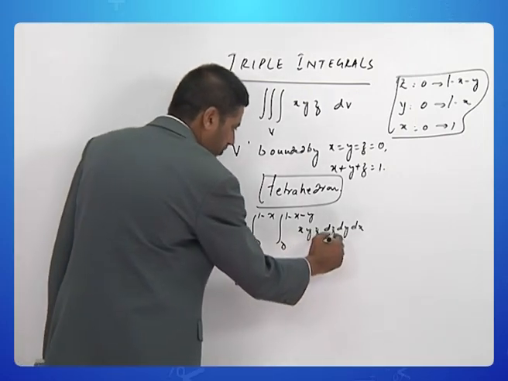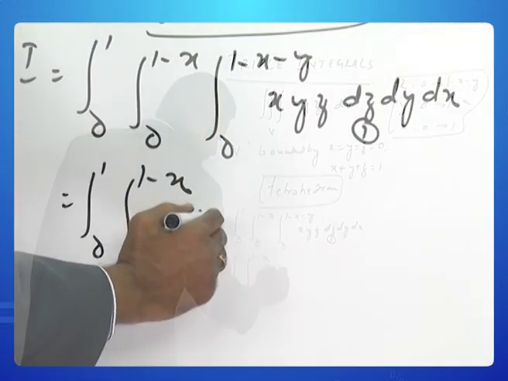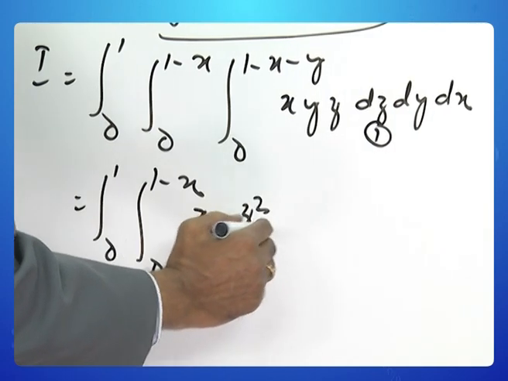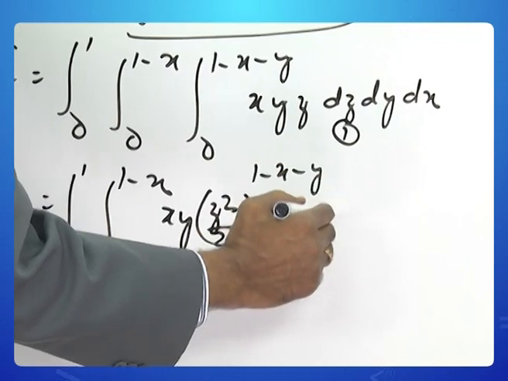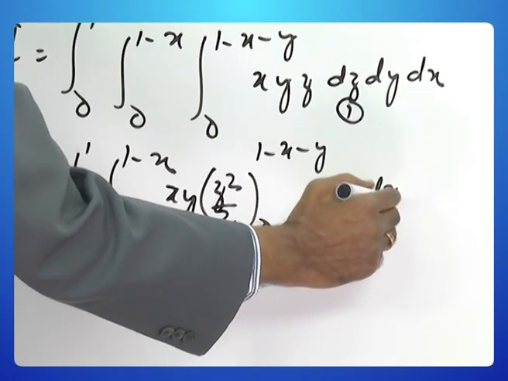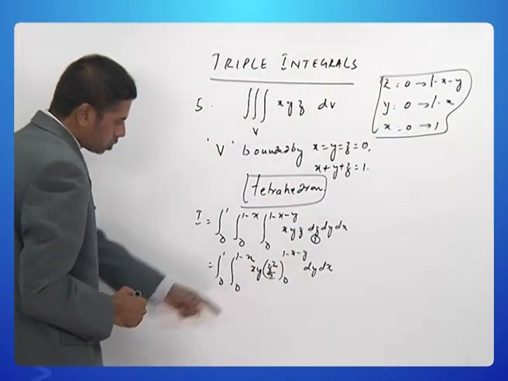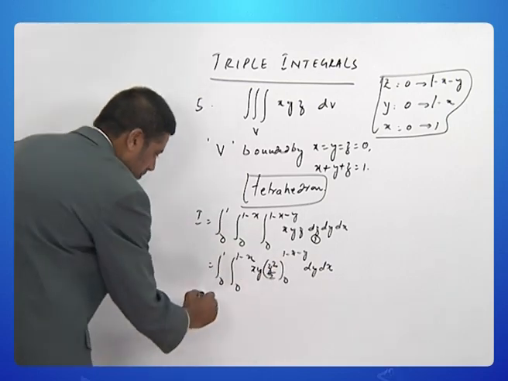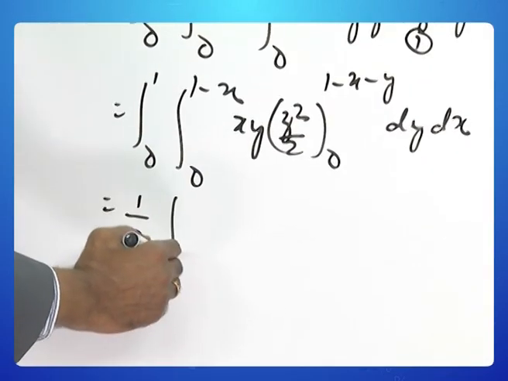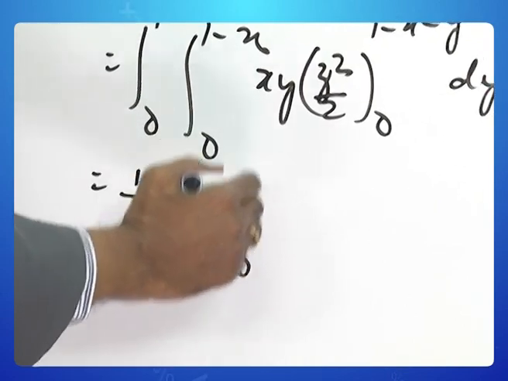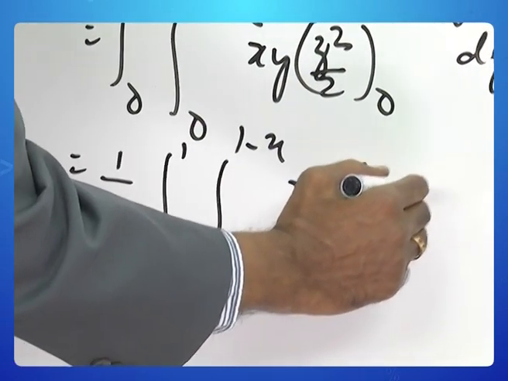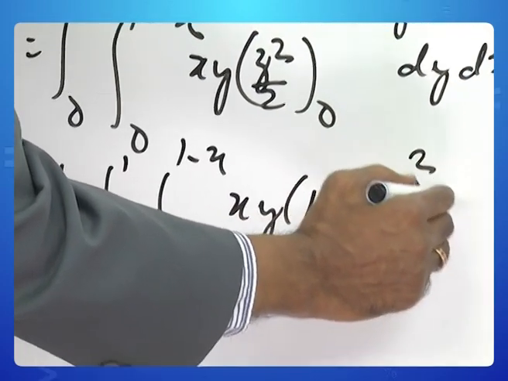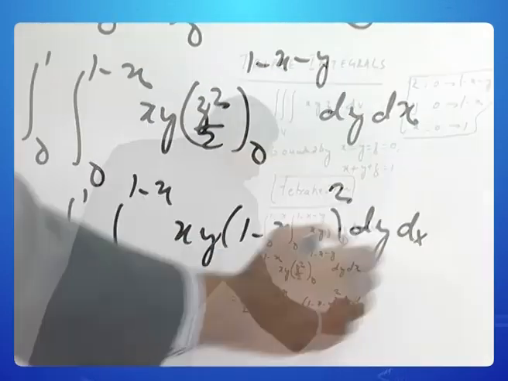Integration with respect to z first: xy, z squared by 2 from 0 to 1 minus x minus y, dy dx. So when you apply the limits for z and keep 1 by 2 outside, we get xy into 1 minus x minus y whole squared dy dx.